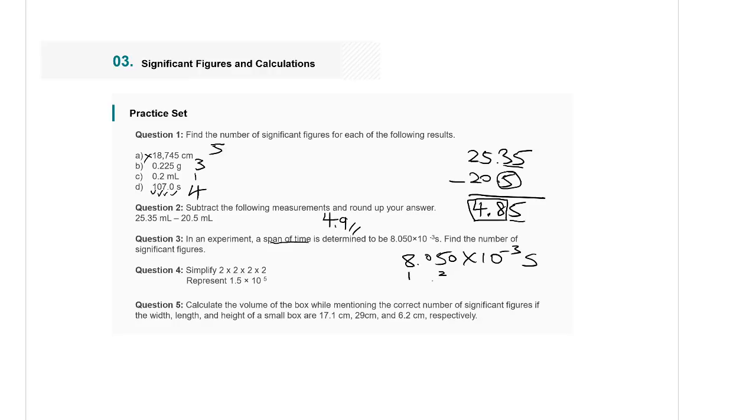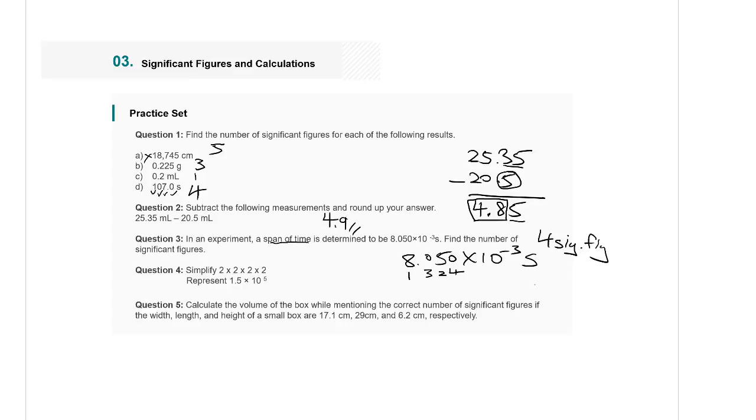How many leading zeros? We have none, so we don't have to think about that. How many zeros sandwiched between 2 numbers? We have 1 over there, so that's the third. How many trailing zeros, or zeros at the back? We have 1. So actually, we have 4 significant figures.